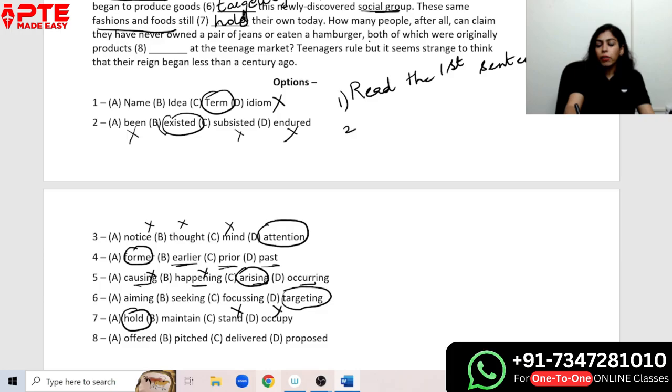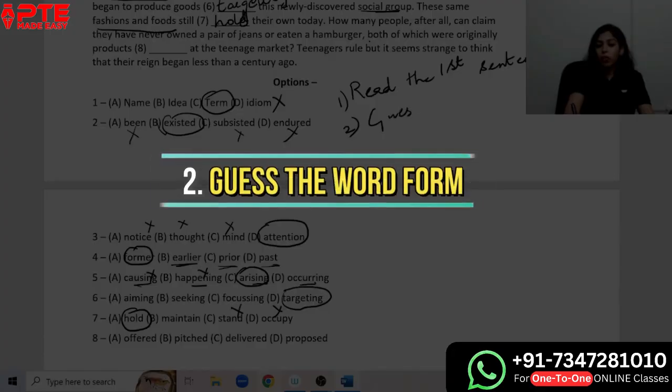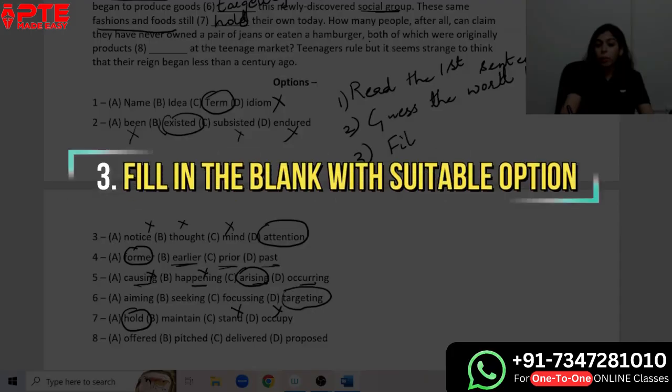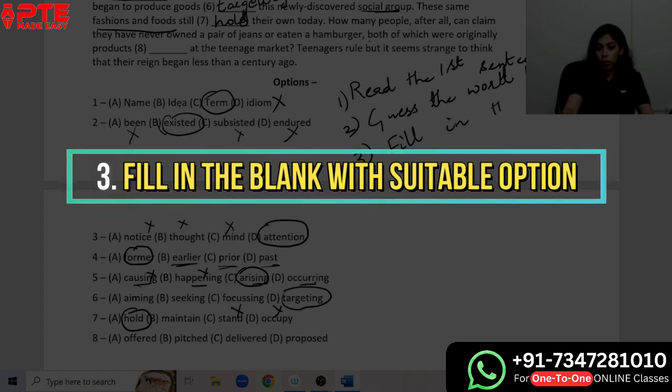After reading the first sentence, guess the word form. Noun is going to come, verb is going to come, adjective is going to come. So first, simply guess the word form.